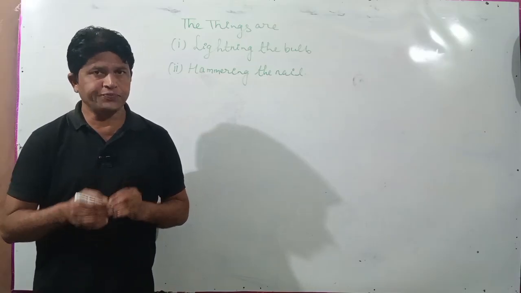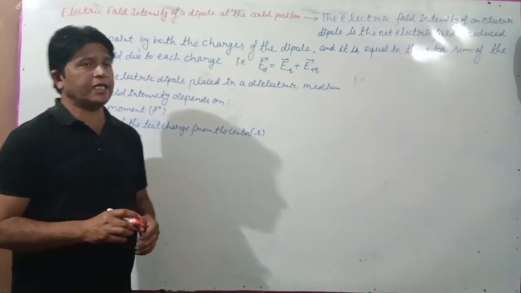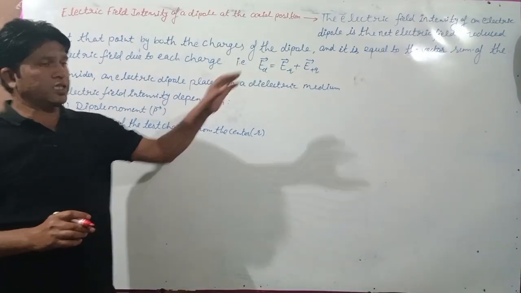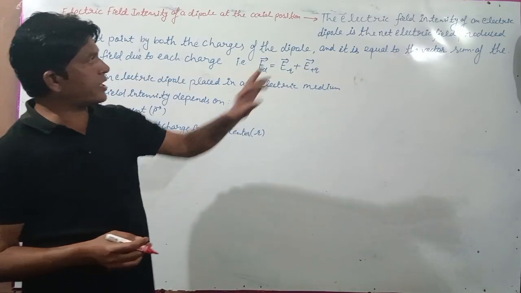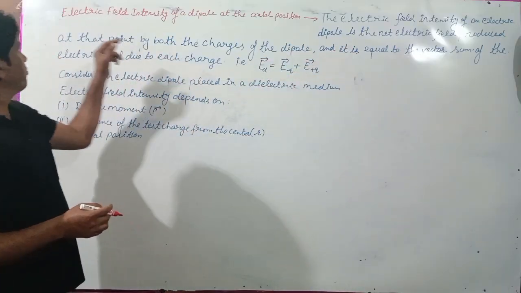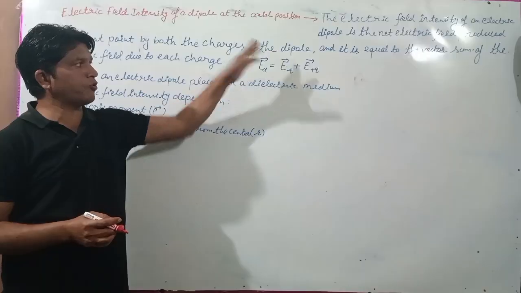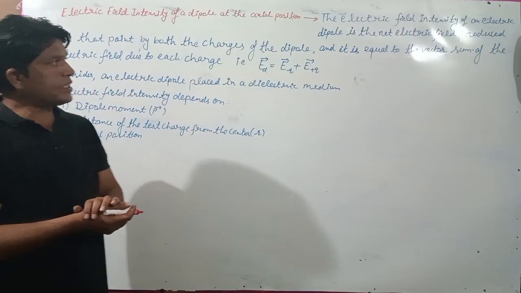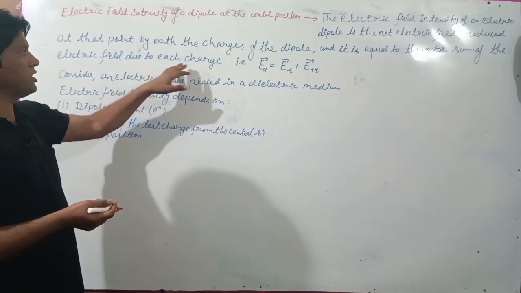So let's move on. Here is the definition of electric field intensity of a dipole at the axial position. The electric field intensity of an electric dipole is the net electric field produced at that point by both the charges of the dipole, and it is equal to the vector sum of the electric field due to each charge.